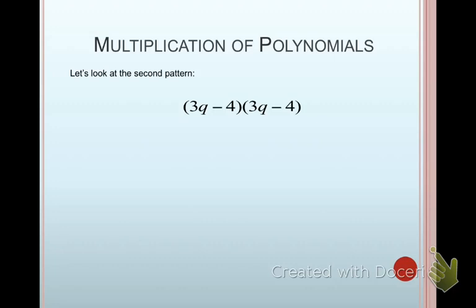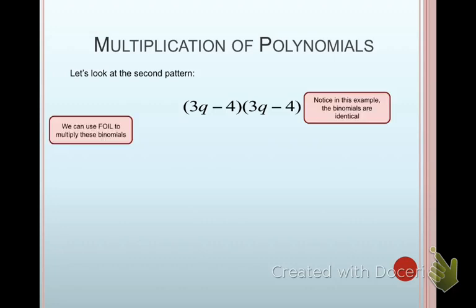Okay, now there's also a second pattern as well. Look at these two binomials. They are identical to each other. Again, we could take the time to FOIL these. In this case, when we go to combine the like terms in the middle, notice that these like terms are not going to cancel. They're exactly the same.